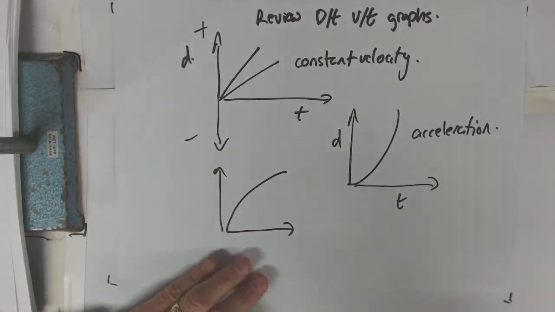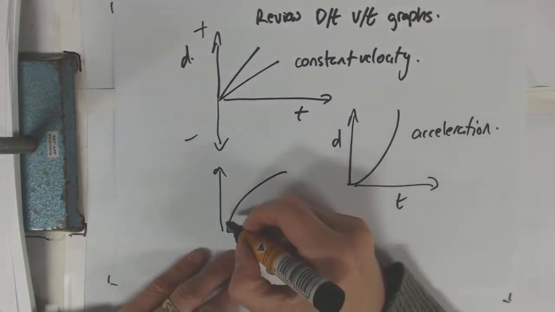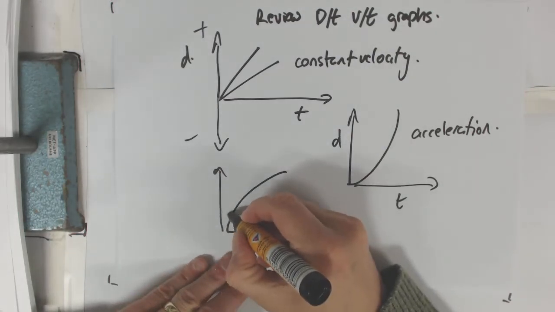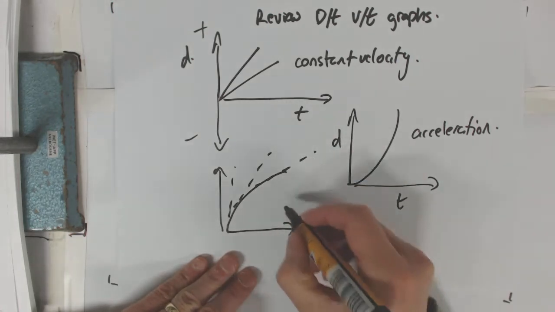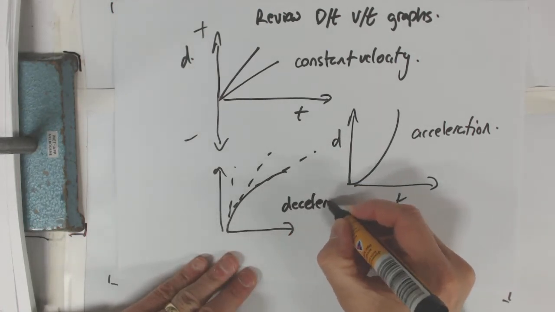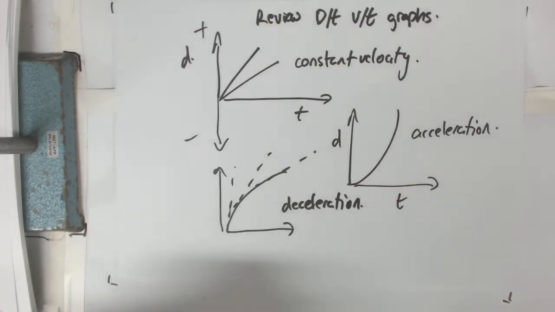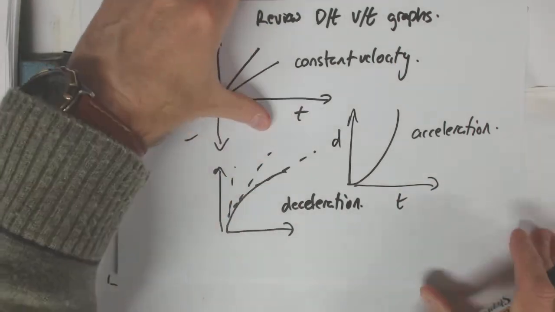The gradient starts off high, which indicates a fast speed, but it gets less and less. That's a deceleration. Now things do get tricky, and we will get to the tricky bits, don't you worry. But first we need to have a look at VT graphs.